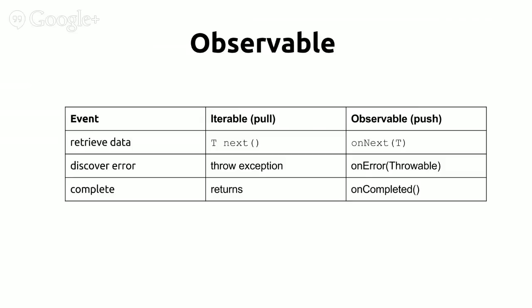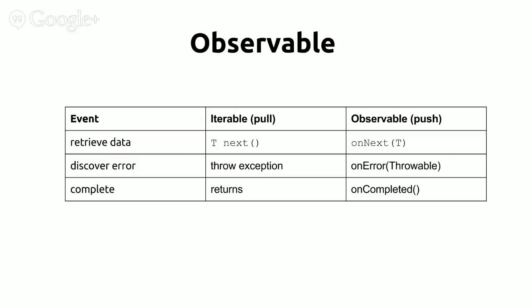You're waiting for events to happen, and you don't block any threads or resources. That's the main difference between them. With an Iterable, you can ask for a next, and while the value is not available, you can block the thread until the value becomes available, and then you do something with it. With an Observable, you don't block threads.